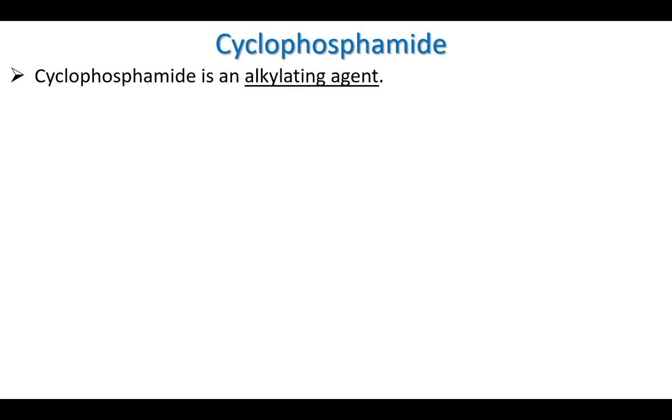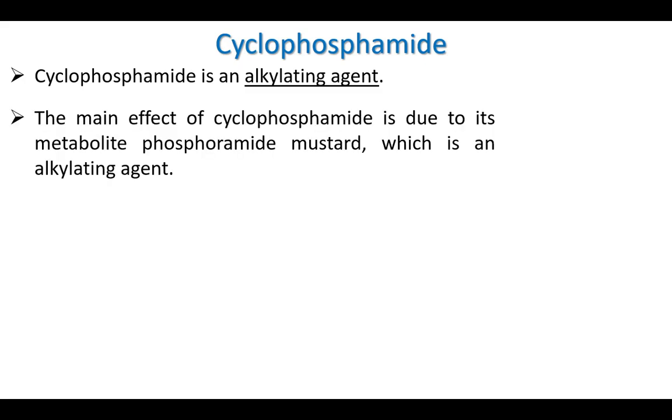Cyclophosphamide and also ifosfamide, similar. So these are alkylating agents. Why do you call them alkylating agents? They have alkyl groups, so they put alkyl groups in the DNA. They have a metabolite, phosphoramide mustard, which is the alkylating agent.